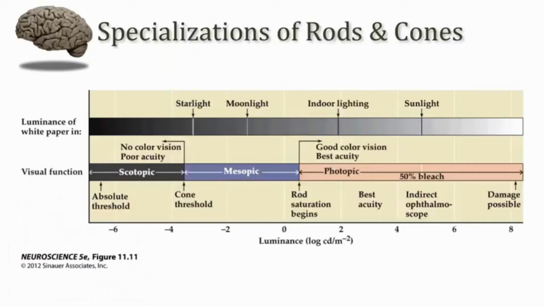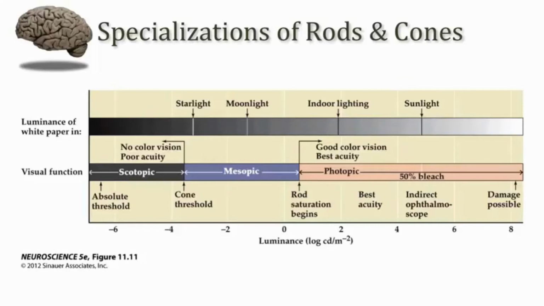We can consider the specializations of rods and cones in terms of their physiology and their anatomy and begin to understand how we can be sensitive to light over the incredible range of luminance that's present in our environment. We're sensitive to more than a 12 log unit range in luminance.